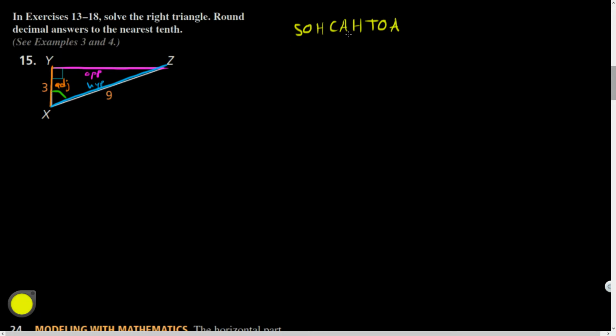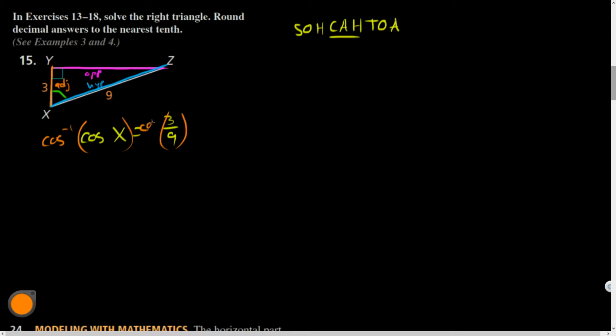So adjacent and hypotenuse, that is cosine. So I'm going to say that the cosine of X is equal to adjacent over hypotenuse. Yeah, 3/9. And I could reduce that, but I don't even need to. To solve, I'm going to cos inverse both sides.